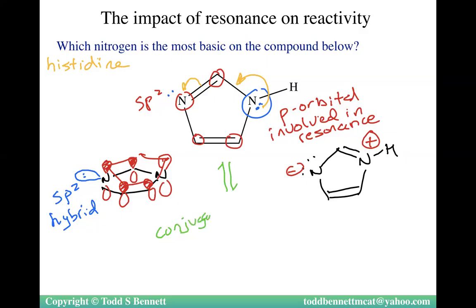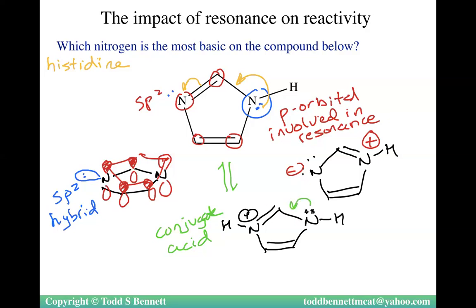So this is the conjugate acid I'm drawing. The structure is such. This is going to have a plus. This has an H and a lone pair.